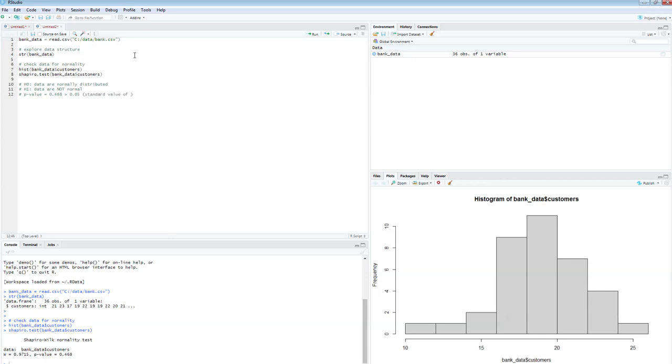What does that mean? That means that I do not have enough evidence in the sample to reject the null hypothesis in favor of the alternative. Null stands, and therefore data are normally distributed statistically.